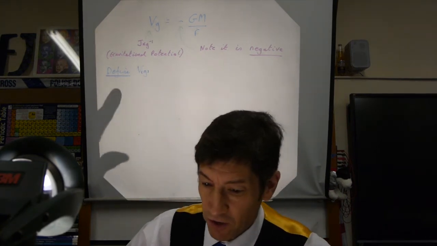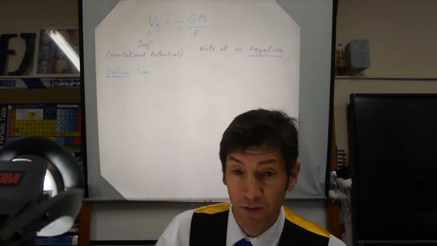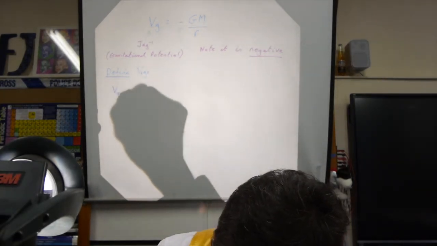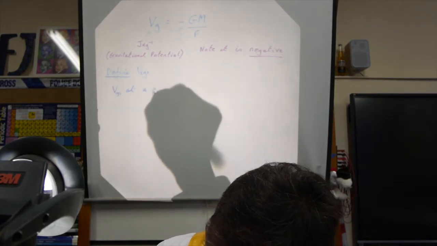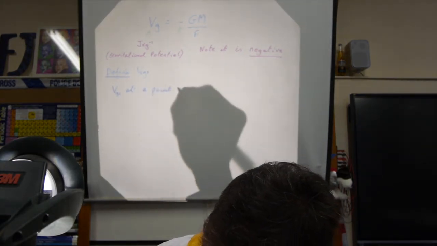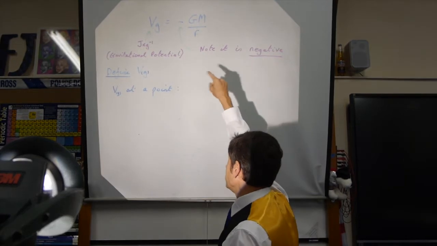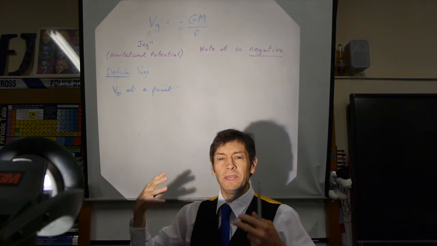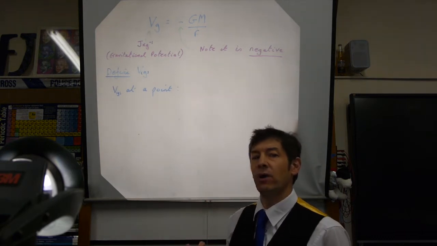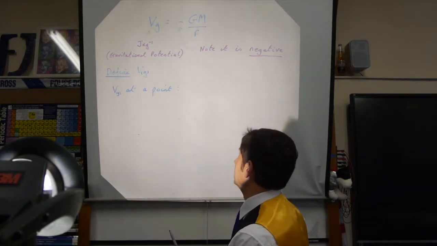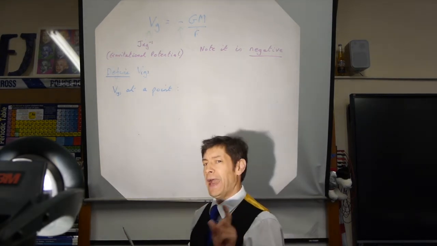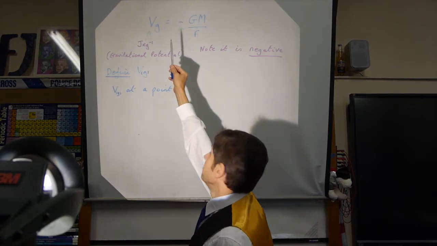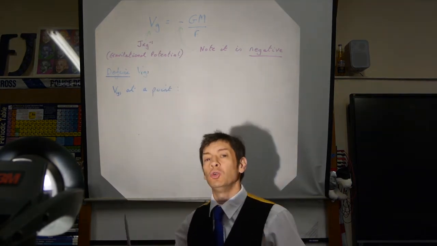So let's define Vg, V sub g, at a point. We pick a place far away from a gravitational mass, and we say, how many joules per kilogram would an object have, or wouldn't have, because of the minus sign, is short of.